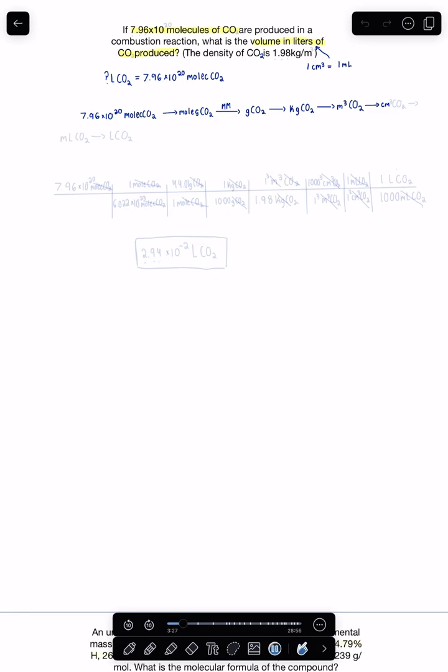to centimeters cubed, to, let me go ahead and just move this over. Oops. So going from centimeters cubed into milliliters. And then finally into liters.